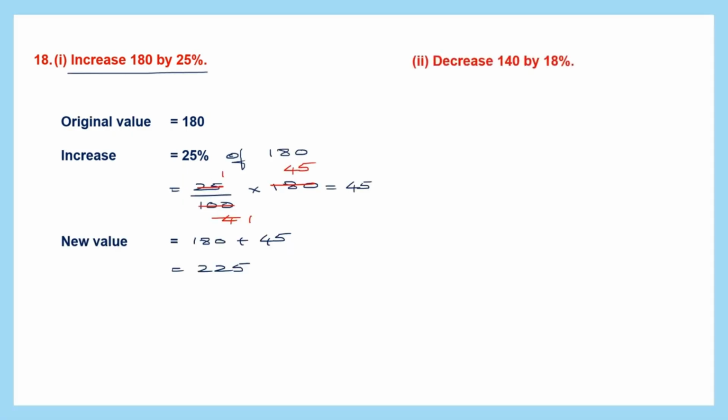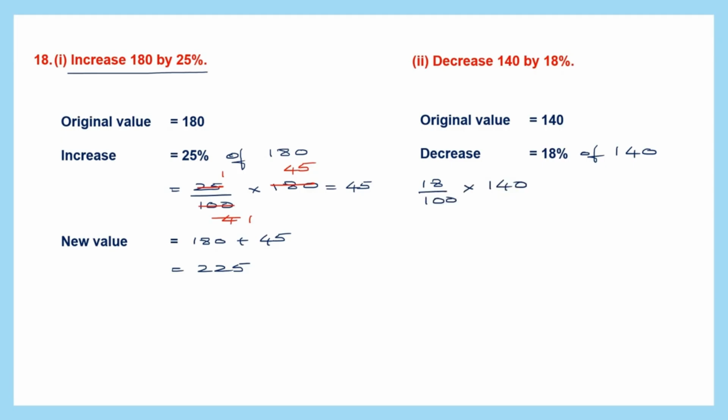The second part of the question is: decrease 140 by 18%. So here the original value is 140. Now we have to decrease it. The decrease will be 18% of 140, and that will be 18 by 100 into 140.